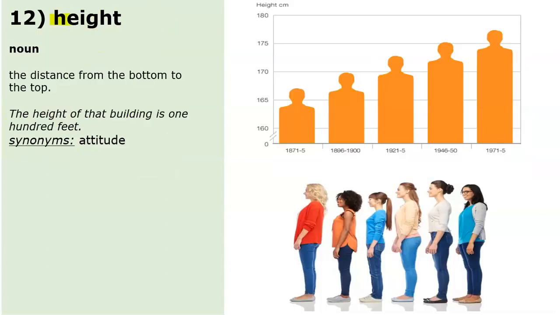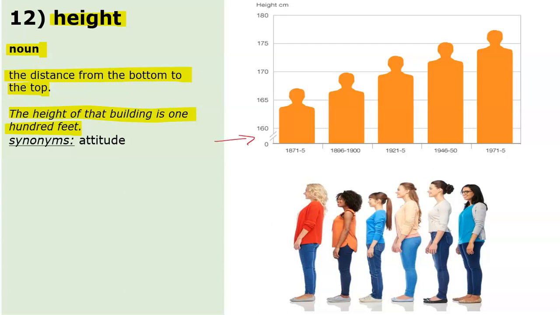Our next word is height. Height is a noun, and height is the distance from the bottom to the top. For example, the height of that building is 100 feet. And let's look at this picture here.